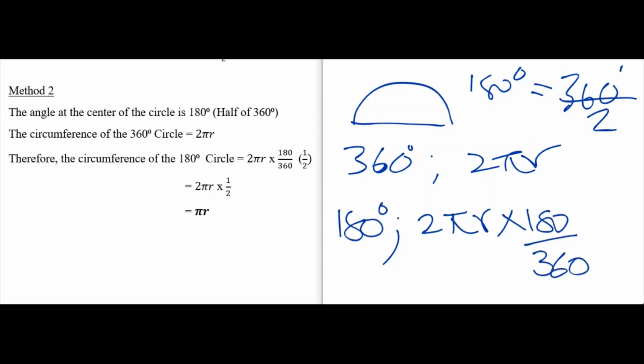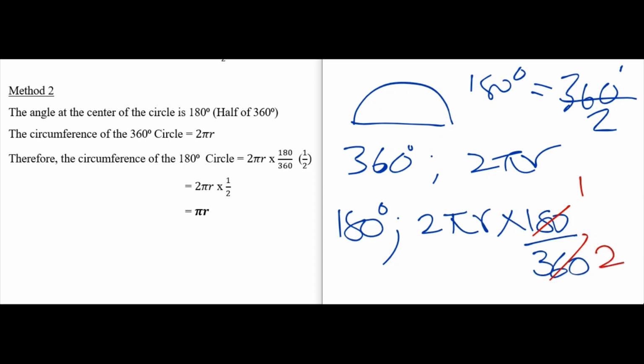So why we do this is, 2 pi r divided by 360 and multiplied by 180, because for 360 degrees it is 2 pi r, so how do we find the arc length for a 180 degree circle? By multiplying 2 pi r by 180 over 360. So this is equal to half again.